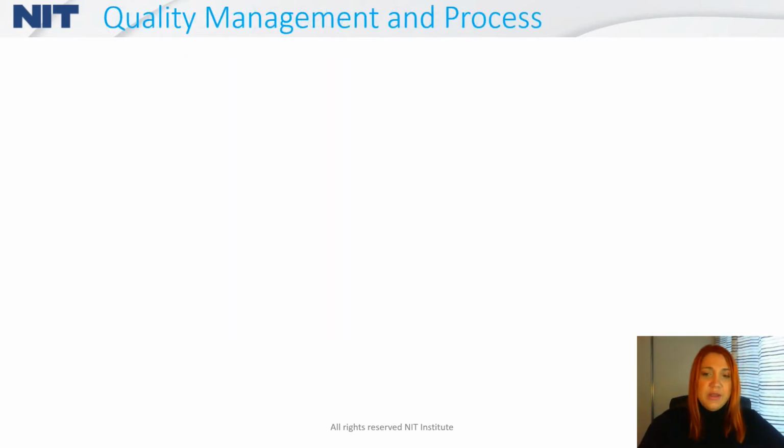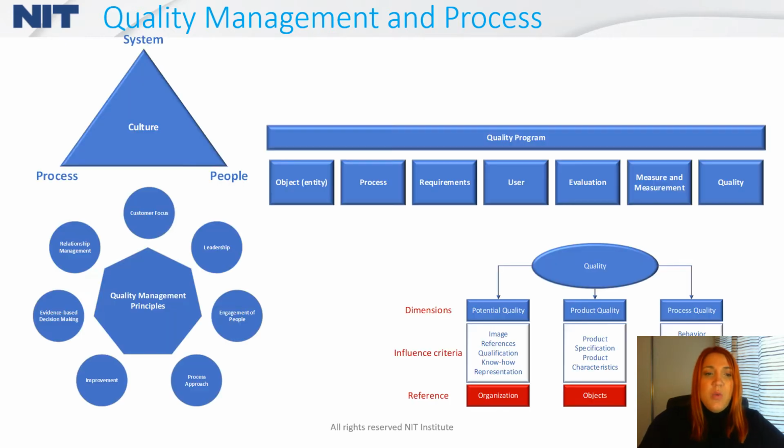Going back to quality and processes, at the beginning of this lecture I want to repeat some very key aspects of the previous lecture. What you can see on this picture: we talked about the organizational triangle, and we said that processes, people, and systems are the basis for organizational strength and quality culture.